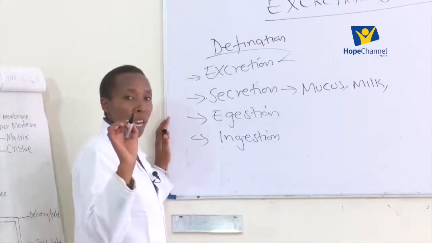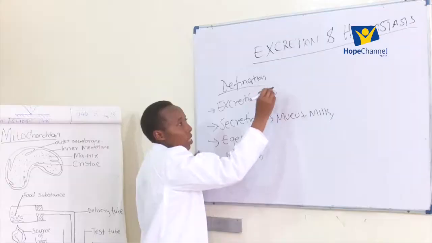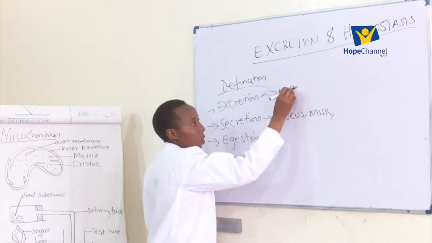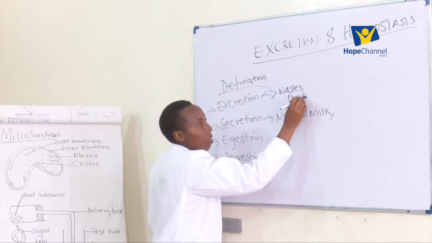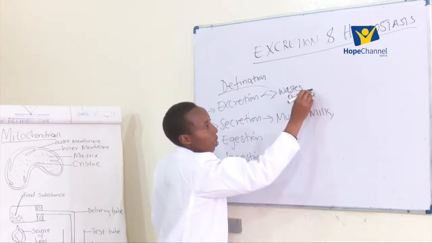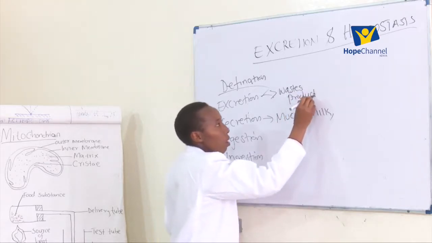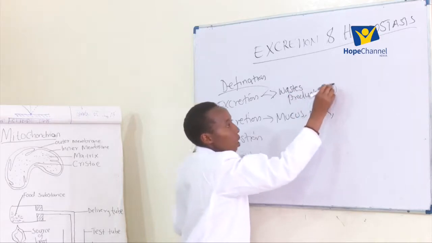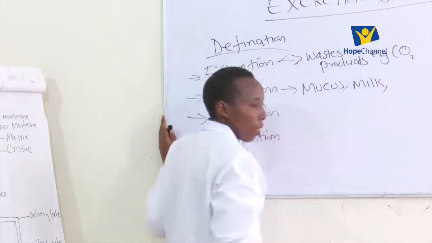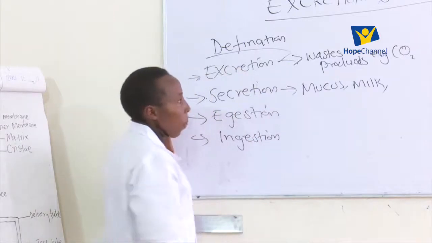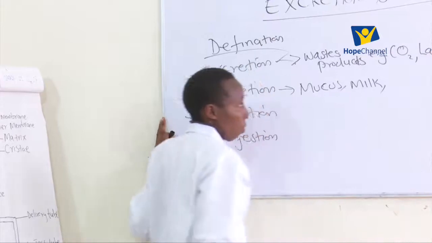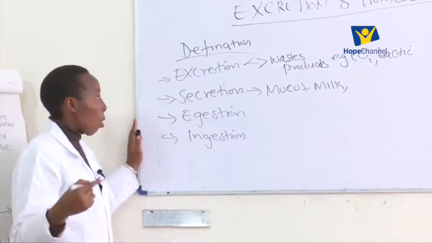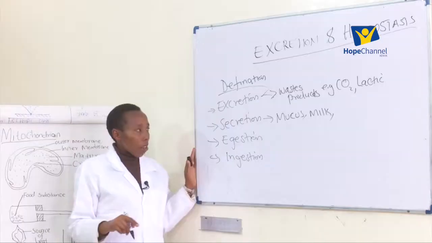Excretion, we said, is about waste products. So in this case, we are interested in wastes. Examples of waste products are carbon dioxide, especially in animals, and lactic acid, and so on. So we are going to discuss more on the waste products that we excrete.